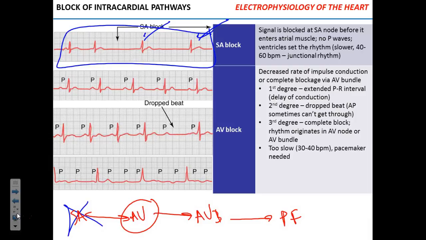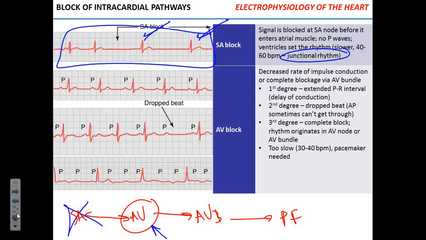The heart rate slows down because the SA node sets up the rhythm. You block the signal at the SA node, the rhythm becomes a so-called junctional rhythm. The AV node is going to set it up. Does that make sense? So that's one problem.